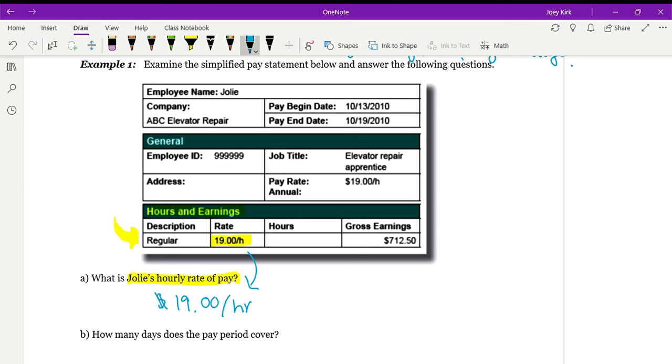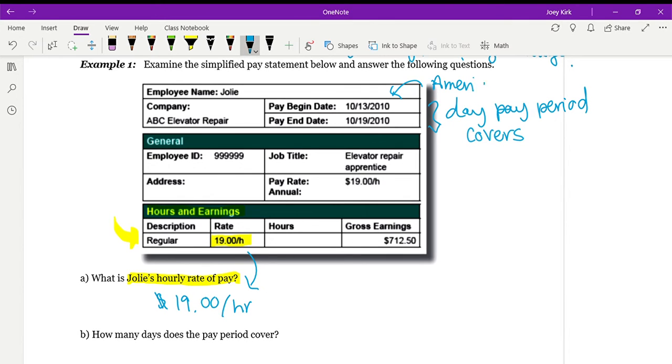And then how many days does the pay period cover? It's important that you include the days.